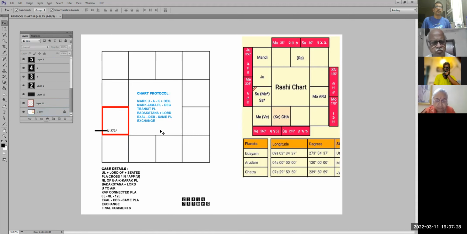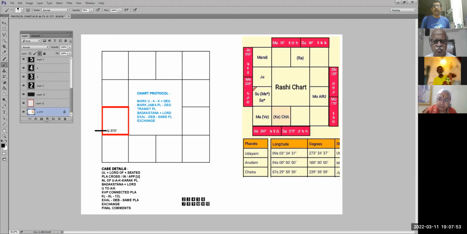Okay. So we have marked the Udayam. So point 1. Mark Udayam, we have done. Now similarly we will have to mark Arudam. So Arudam is at 120 degrees over here. So 120 degrees, which one is it? This is 90. This is 120. This is 150. Correct?